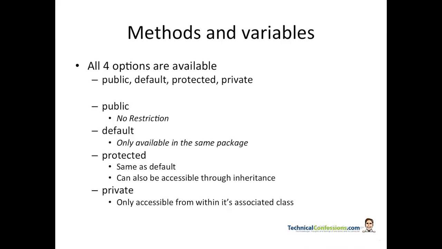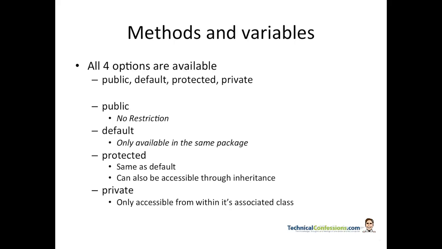I'll quickly go through all four examples in a bit. Moving on to protected: very similar to default, but there is a circumstance where it can also be accessible for inheritance, which I'll go through in more detail a little later.